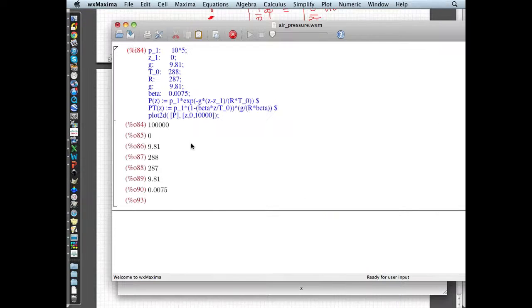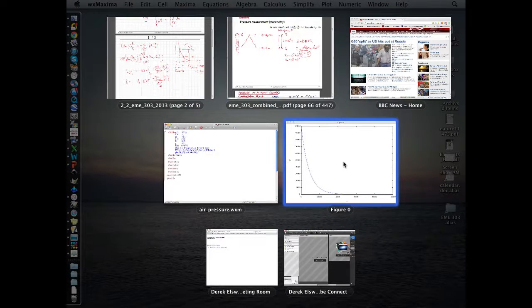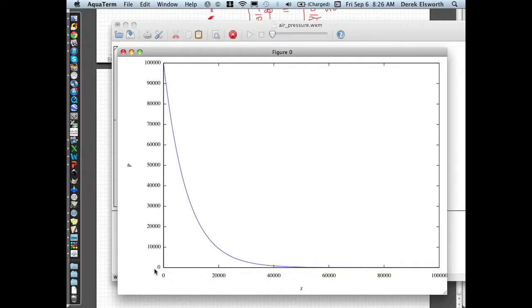If we change the elevation to be a bit more, so that Z2 is, instead of 10,000 meters, 100,000 meters, then hopefully, let's see what it does. So you see that by the time you've gone up to maybe 60,000 meters, so 60 kilometers, then it's pretty thin.